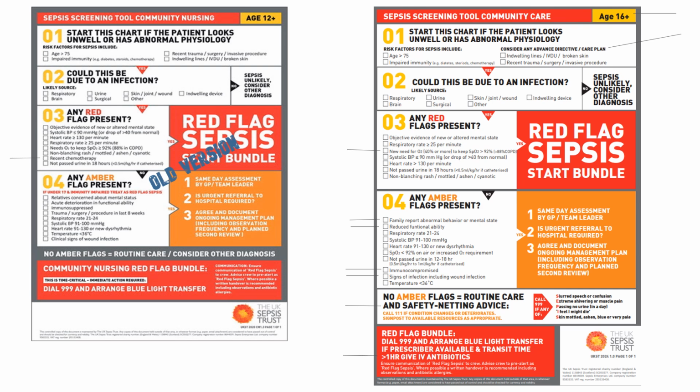On the old tool in section 3, where it's asking if we've got any red flags present, I notice a box has gone, and that's have the patient had recent chemotherapy. That's been removed. It doesn't appear in the newer version of the tool, and there's probably some very good reasons for it, which I'll come to when we come into the amber flags.